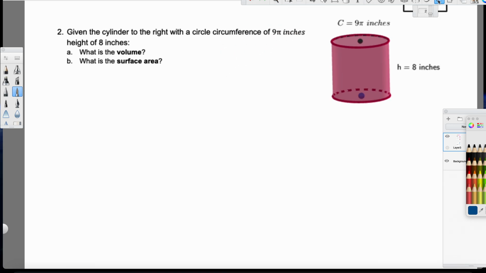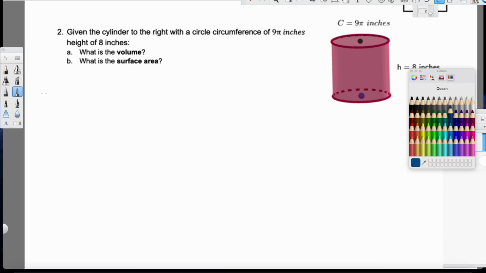Okay, so what is the volume? So we're going to start off with the volume. V equals, as we did before, we know that the area of the base times the height is our basic general equation for volume.